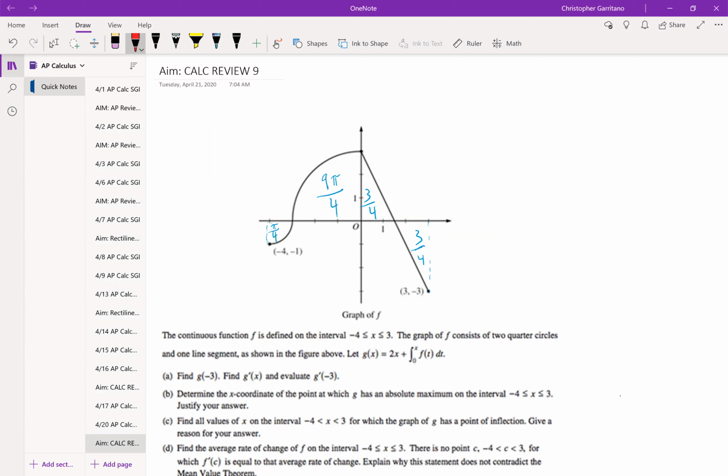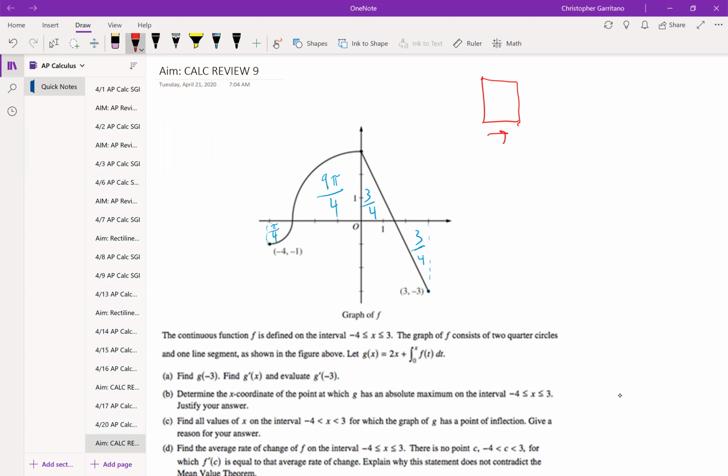And remember, when we're integrating, think of that as an act of adding up the areas of many rectangles. And rectangles will have positive areas if their heights and widths are both positive.